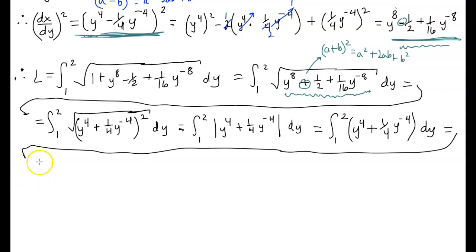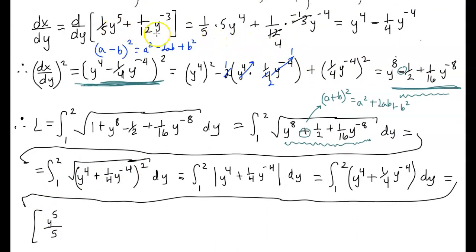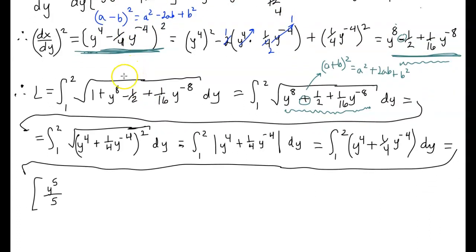So if I take the antiderivative of y to the 4th, that's going to be y to the 5th over 5. And essentially it's very much like the function that we started with. Okay, it won't be exactly the same, but it'll be very close.